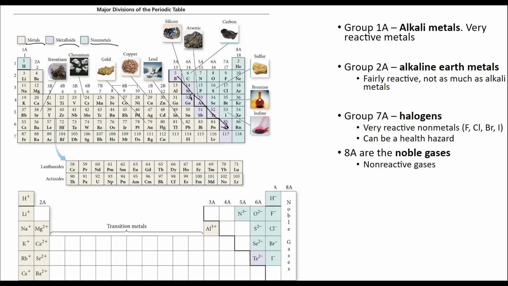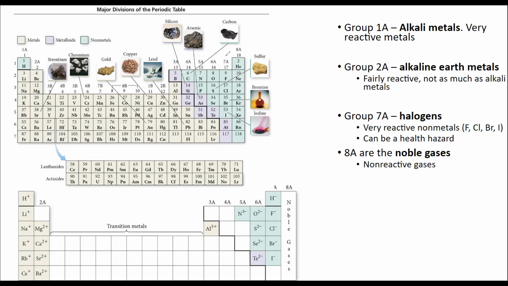And then you just have to add Ge and Sb. So the metalloids are half metal, half nonmetal. They have properties of both. So just make sure you can point those out.